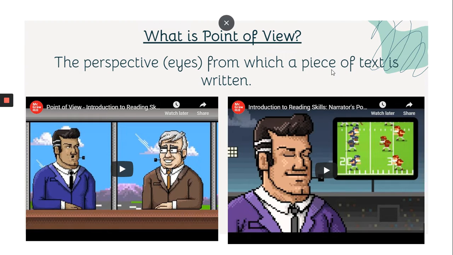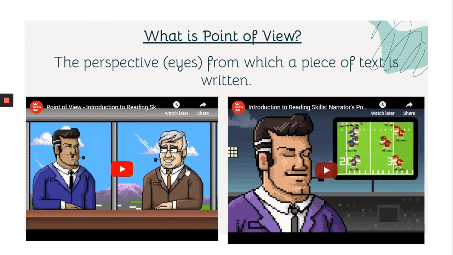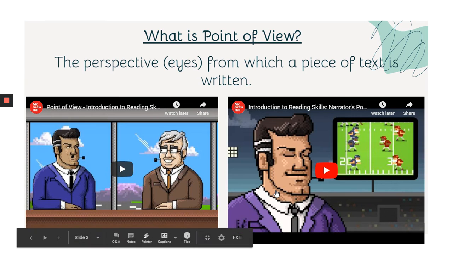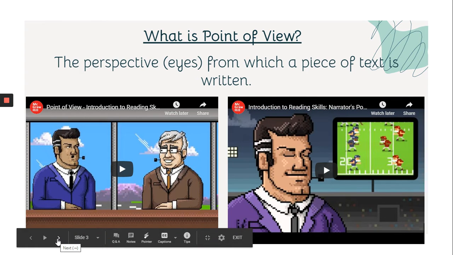So how are we seeing the eyes of the story? Now, after you watch this video, go back and take a look at these two videos in the Google slide presentation. They give you a really fun, engaging way and a little bit deeper understanding of what is point of view. So make sure you go and you actually play these after our video, okay?